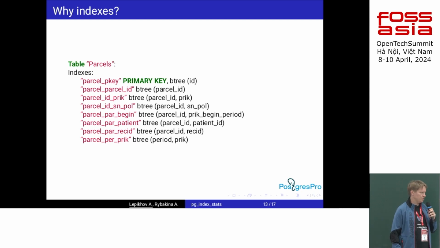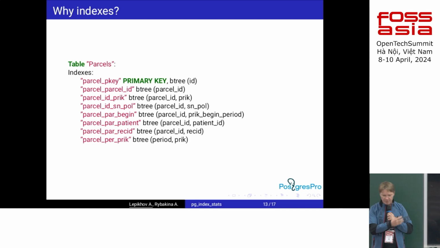Why do we use indexes as a template to generate extended statistics? Here is a real example of a table named parcels and 8 indexes on this table. It's from a real database, from a real user.